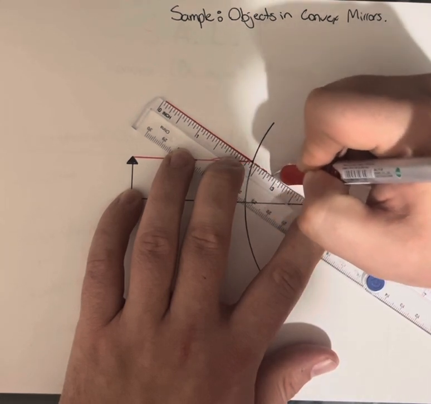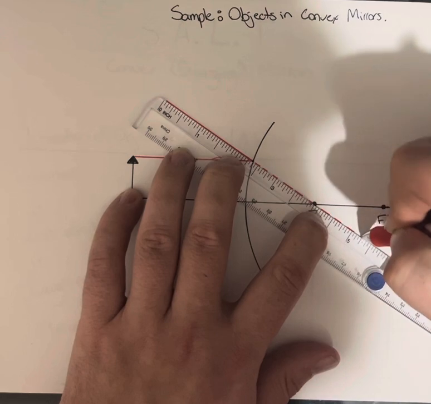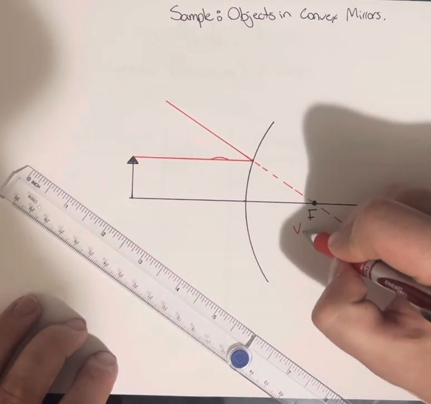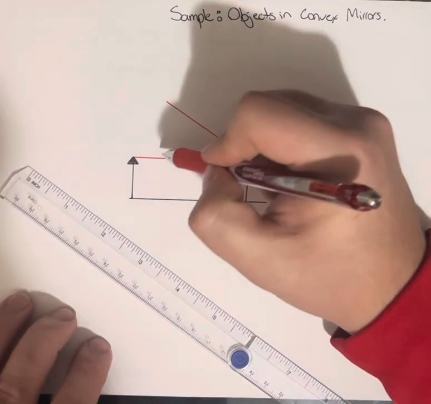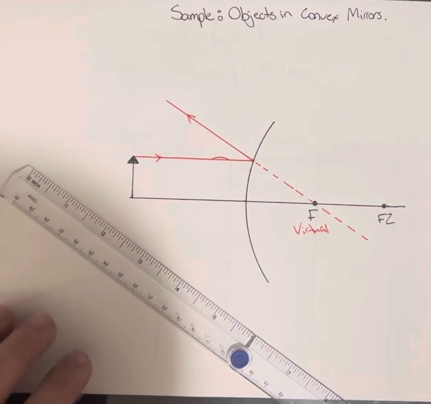However, if you look backwards and trace that back, that is still going to pass through our virtual focal point on the opposite side of the mirror. So again, here is my incident ray, this is my reflected ray.